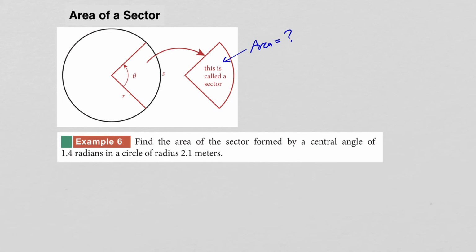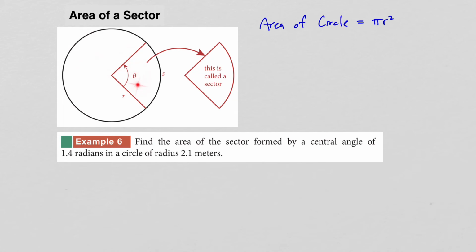Well, it's related to the area of a circle. So we know that the area of a whole circle is pi r squared. So the area of your sector is going to depend on how big your angle is, right? Because if your angle is larger, you're going to have a greater portion of that circle.